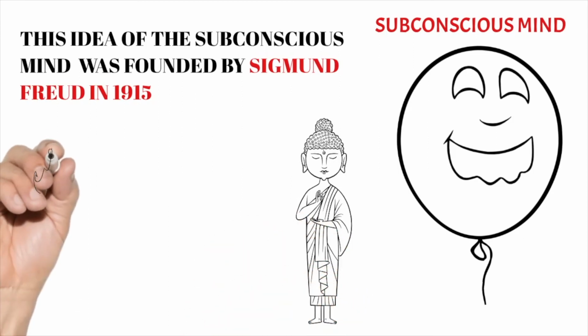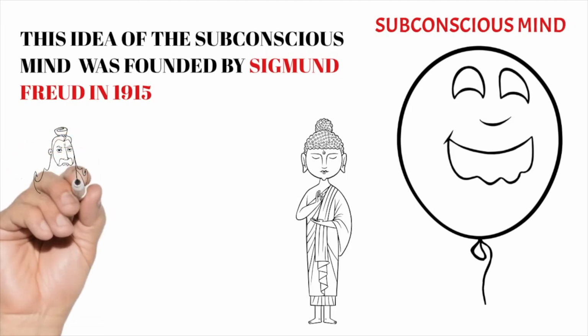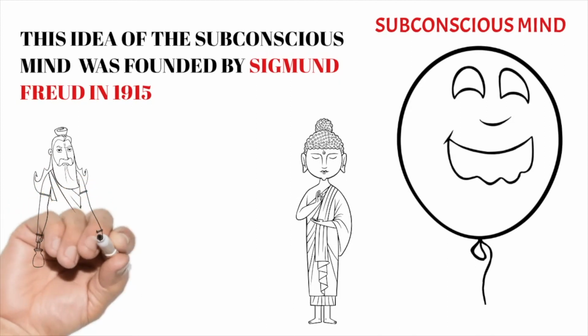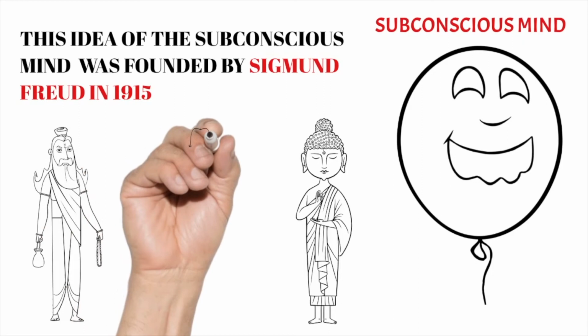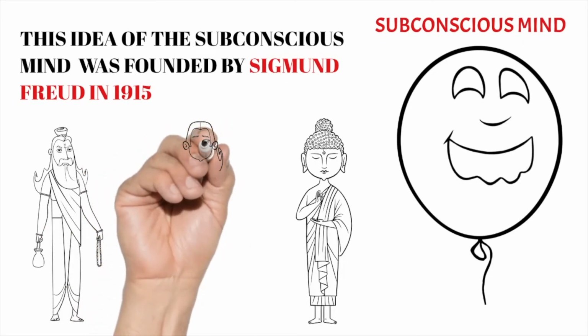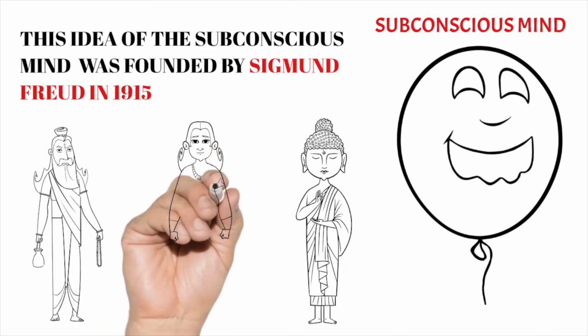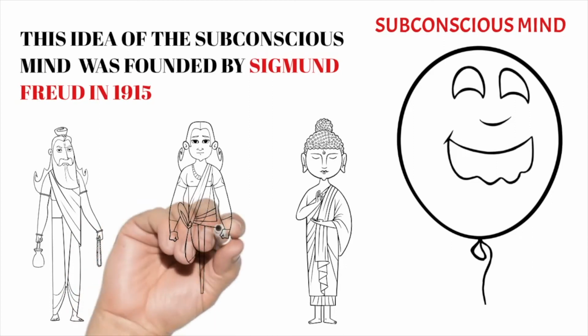So their practices were always bringing awareness to our subconscious mind. Whether it was rishis or Gautam Buddha, they demonstrated that they could awaken their superconscious mind, passing through from subconscious mind and attaining spiritual bliss.